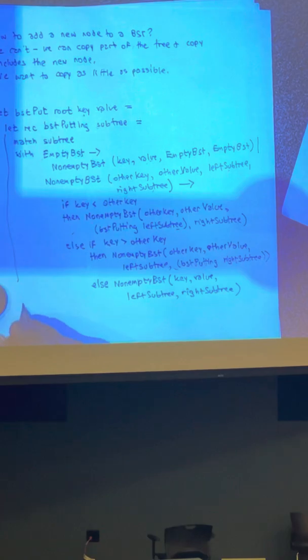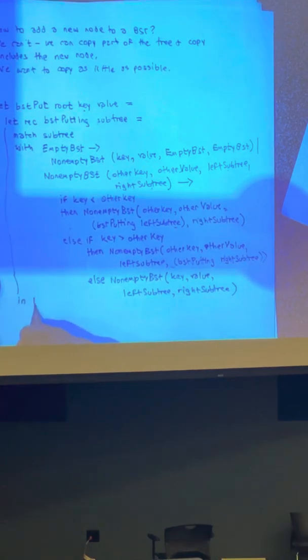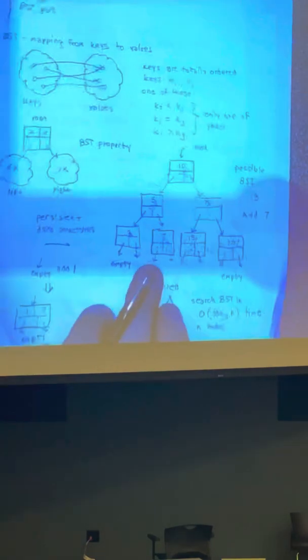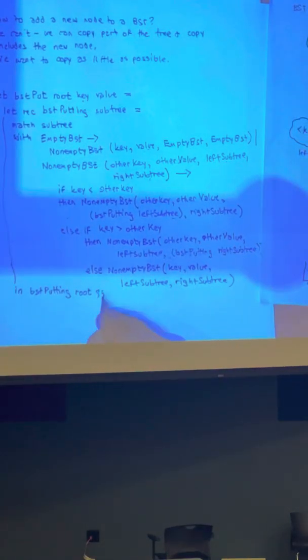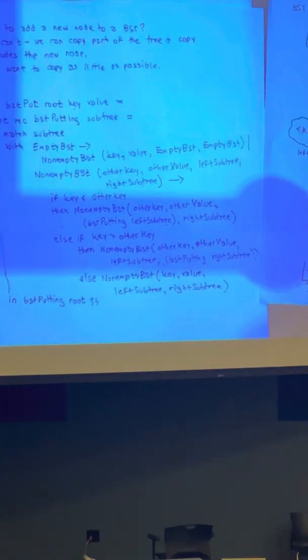So then here there's an in that matches that let, and remember I'm using an internal helper here, so I don't have to keep passing key and value around because it doesn't change. What am I going to do? I'm going to call BST putin to do all the work. And I'm going to start with the root of the entire tree. So I'm going to start here. And, okay, two ugly semicolons at the end to tell OCaml that I'm done with the definition.